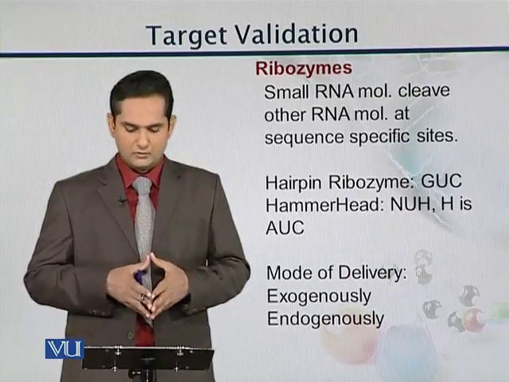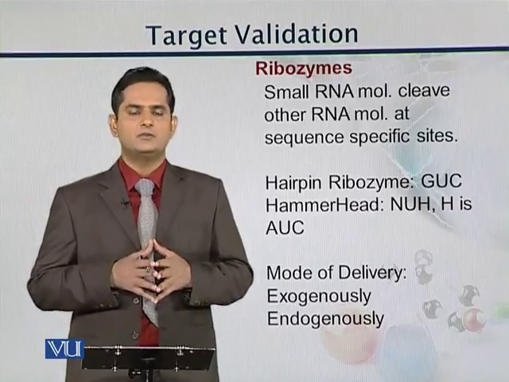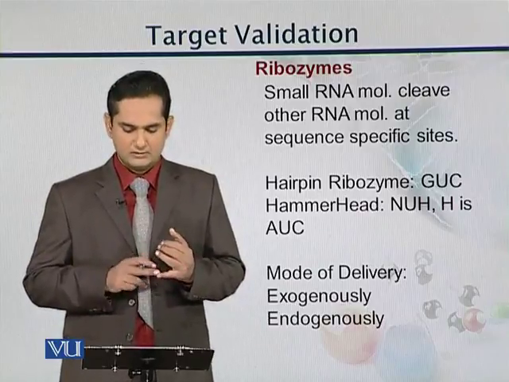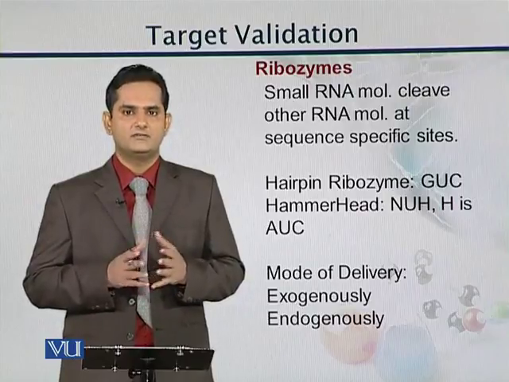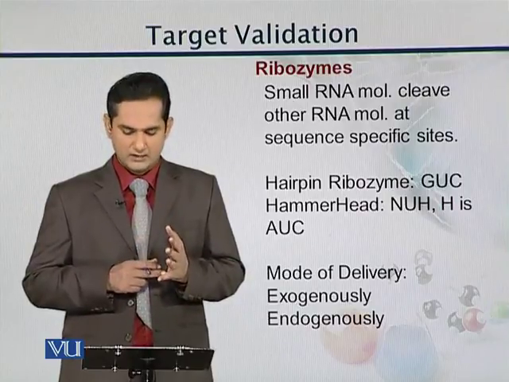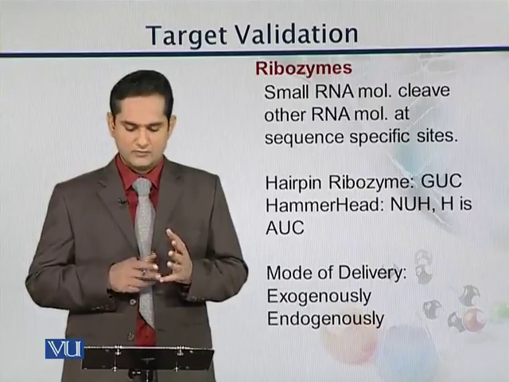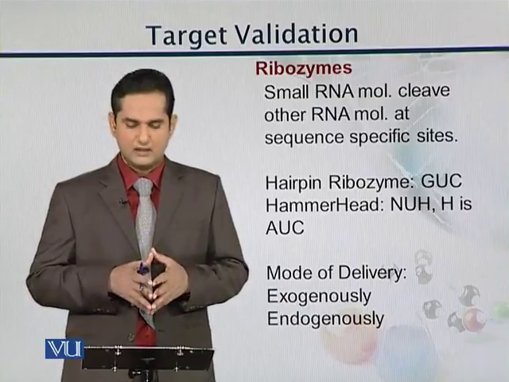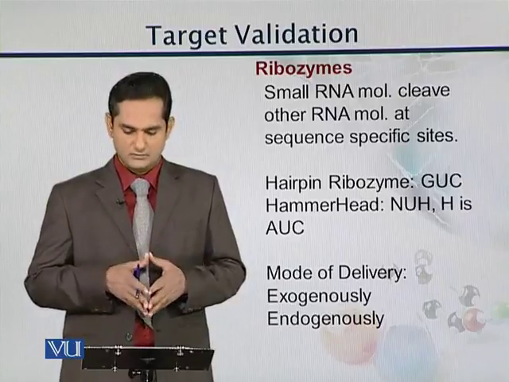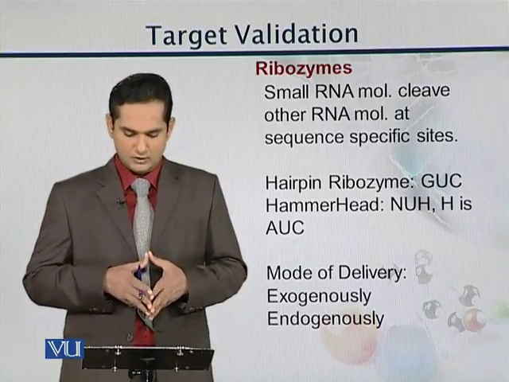I have given two examples here. One is the hairpin ribozyme, which consists of only three bases, GUC, and then we have the hammerhead. Hammerhead has NUH, where H can be any of U, C, A, and N can be any of the four bases which are part of an RNA molecule.